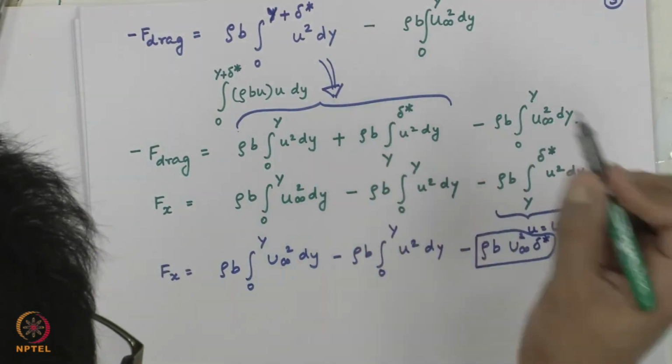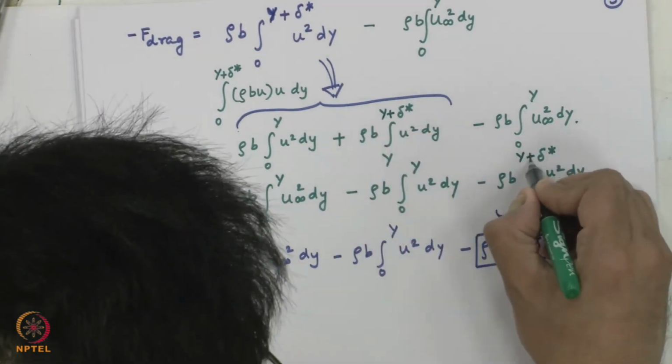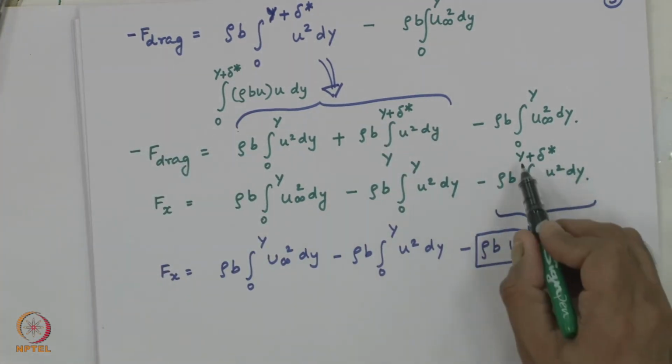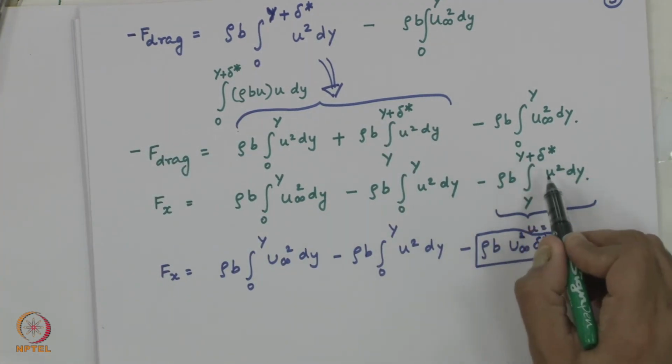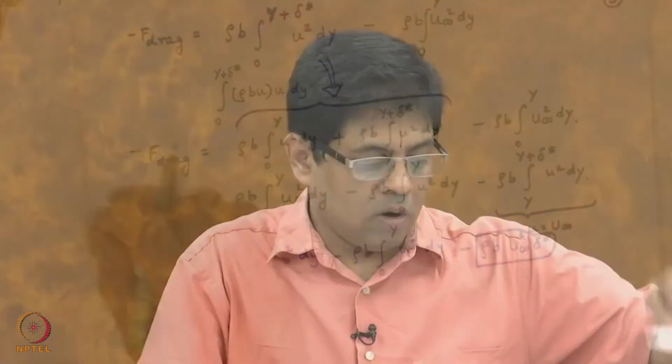Sorry, there was a small y here, this should be Y to Y plus delta star. Integral dy would be y evaluated between these two limits, Y will cancel off and it is just going to be delta star.